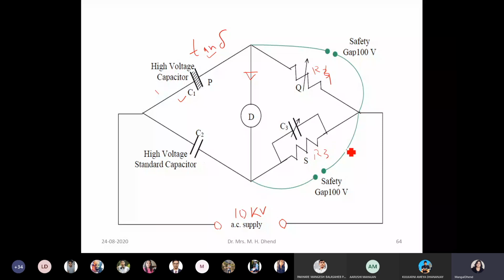So these safety gaps, means sphere gaps, are connected. Whenever this goes off, immediate breakdown of air will take place here, because the gap has to be adjusted in such a way that whenever the voltage across this component exceeds the normal 230 volt or 100 volt, immediate flashover of this gap takes place and the whole high voltage charge goes to the earth. So here it has to be earthed. Okay, so that is the use of the spark gaps.